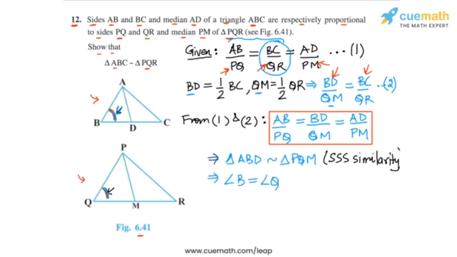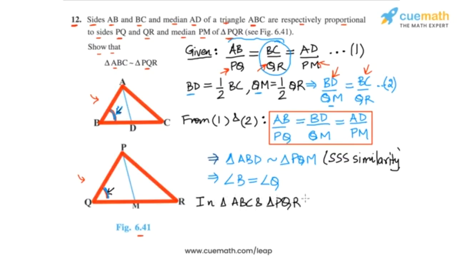And now we will finally go back to the triangles ABC and PQR. In triangle ABC and triangle PQR, we have to show that these two triangles are similar. So we will make use of the fact that two pairs of sides are in the same ratio.